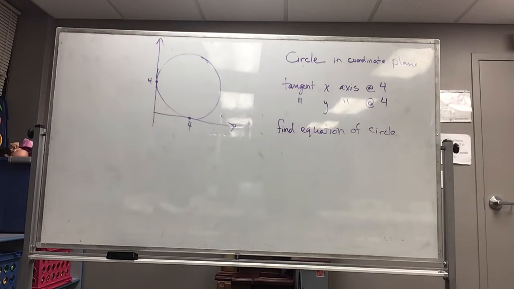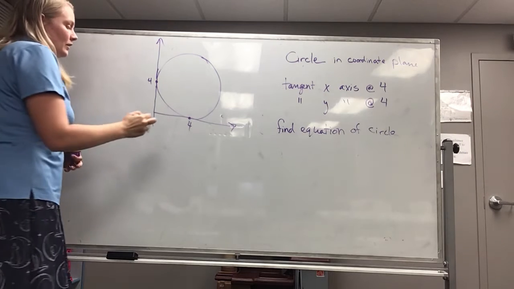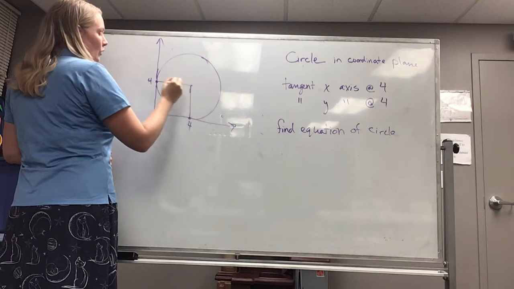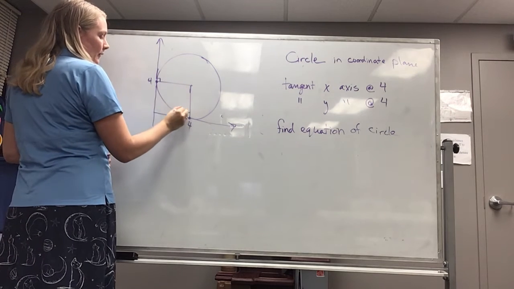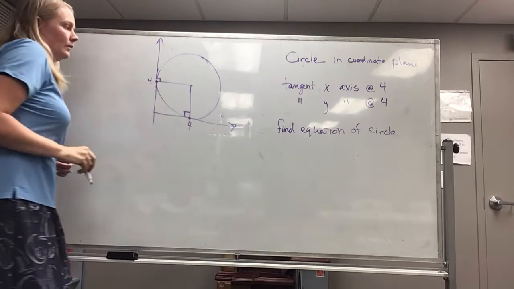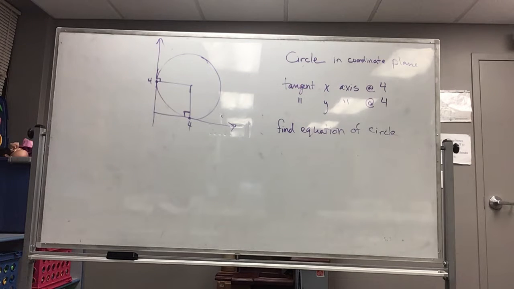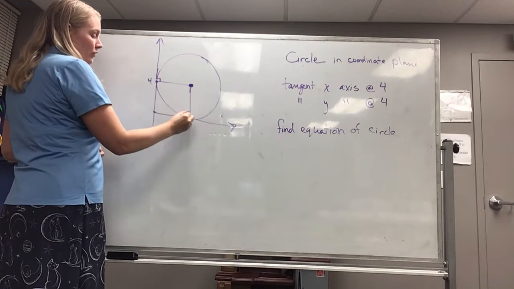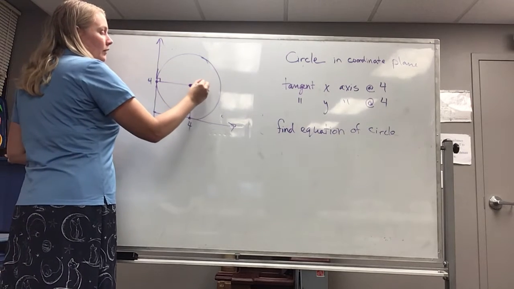Another useful bit from geometry is that they're going to be at right angles with the radius. And so if they're at right angles with the radius, here is our center, and it's just over 4, up 4.